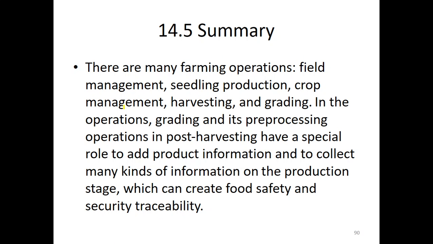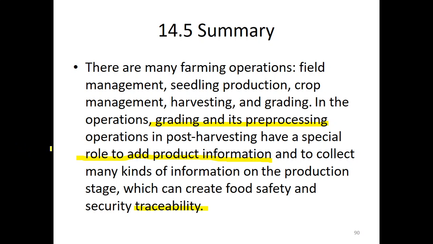So finally, this is the summary. There are many farming operations: field management, seedling production, crop management, harvesting, and grading. So in the operation, grading and its pre-processing operation in post-harvesting has a special role to add product information and to collect many kinds of information on the production stage, which can create food safety and security on traceability.